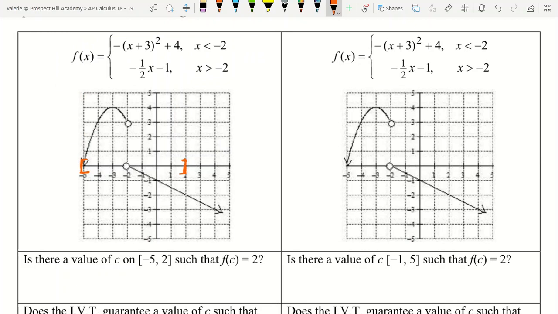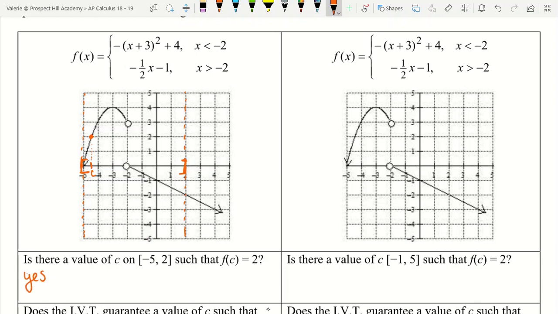One thing that we can do to answer that question is draw some barriers so that we can see what we're looking at. We're saying that between these two x values, is there a c value where our y is going to be 2? If we look, yes, there is a c value where our y will be 2.